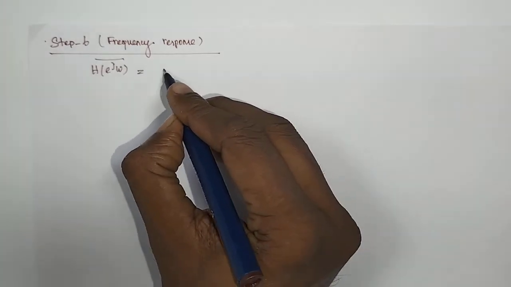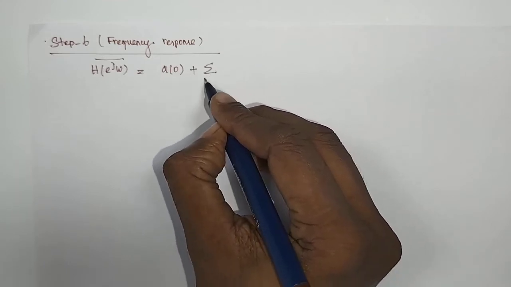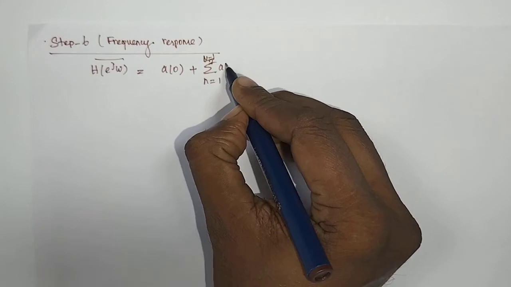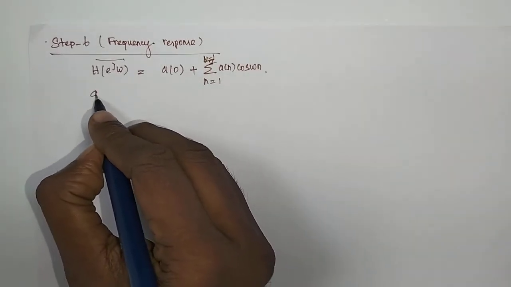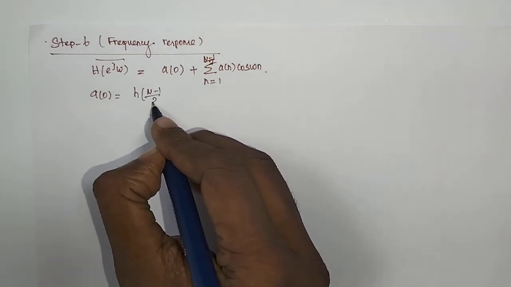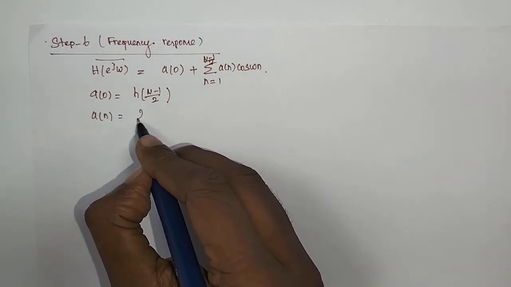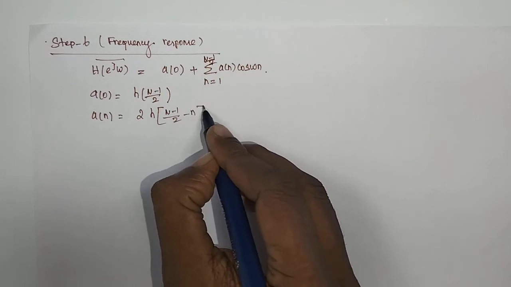So you know the relation: h of e power j omega is equal to a of 0 plus summation n is equal to 1 to (n minus 1) by 2 of a of n into cos omega n. a of 0 is equal to h of (n minus 1) by 2. a of n is equal to 2 into h of (n minus 1) by 2 minus n.